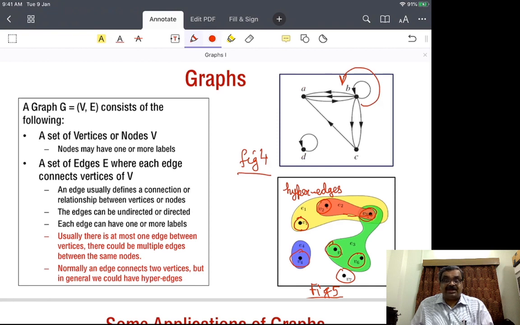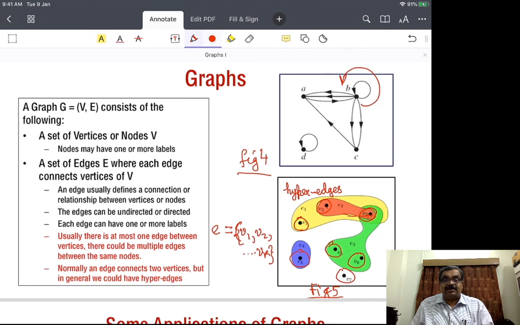So an edge, in the general definition, is a relationship between two or more vertices, and therefore an edge is said to have more than one vertex in the general case. But for the problems that we will do in our course, we will only consider binary edges.